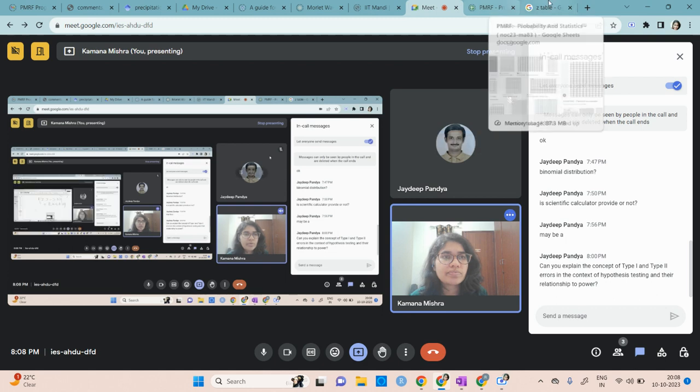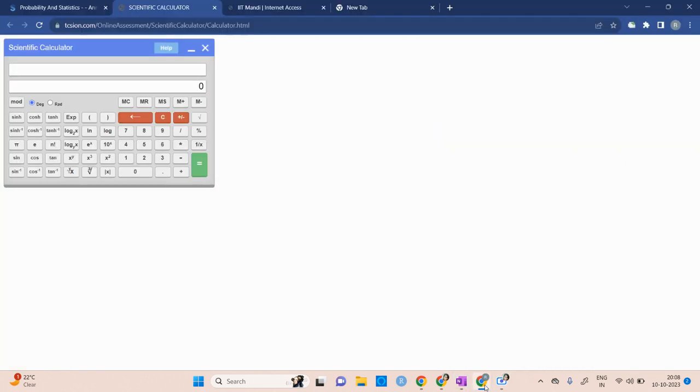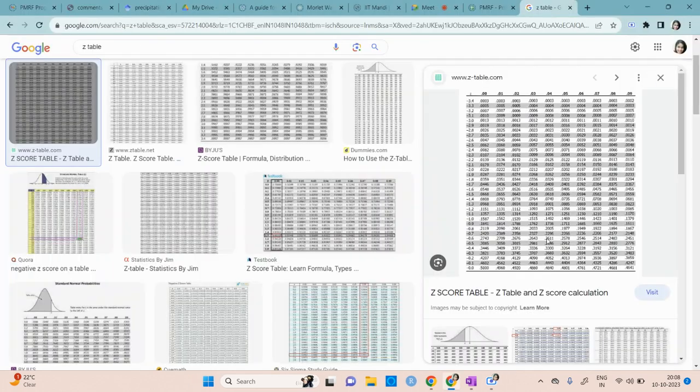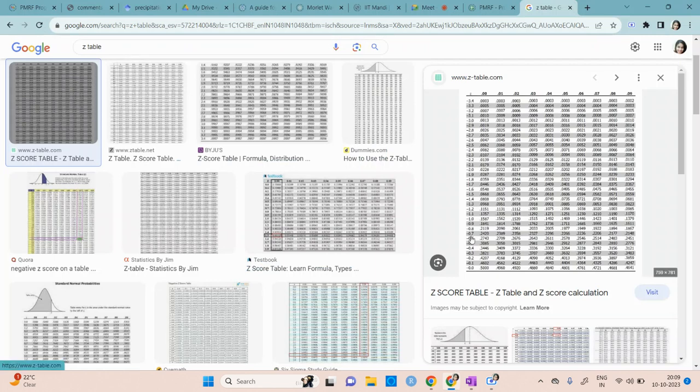From the table, z greater than minus 3.53 means 1 minus 0.004, and z less than 0.707 is about 0.2420.